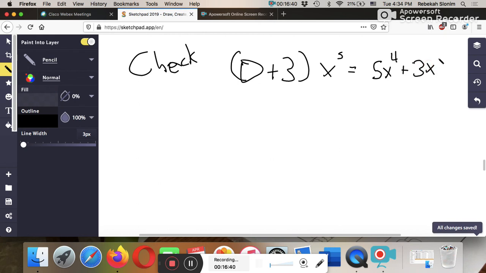Okay, D plus 3 applied to x to the fifth is going to be this new function here, and then I want to apply D plus 3 to that. So D plus 3.